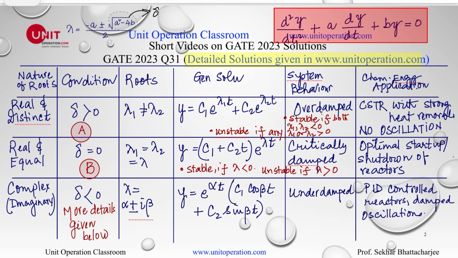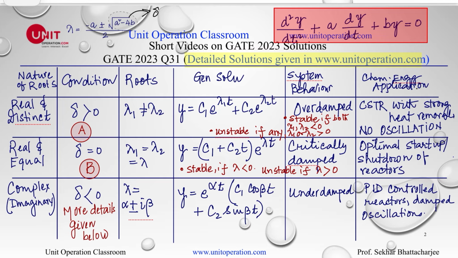First, let's say this discriminant is greater than 0. Then we have two distinct roots, which are different and real, and the solution is given by this one. This is typically called an overdamped system, and it will be stable if both lambda 1 and lambda 2 are negative. If both of them are positive, this is going to diverge.